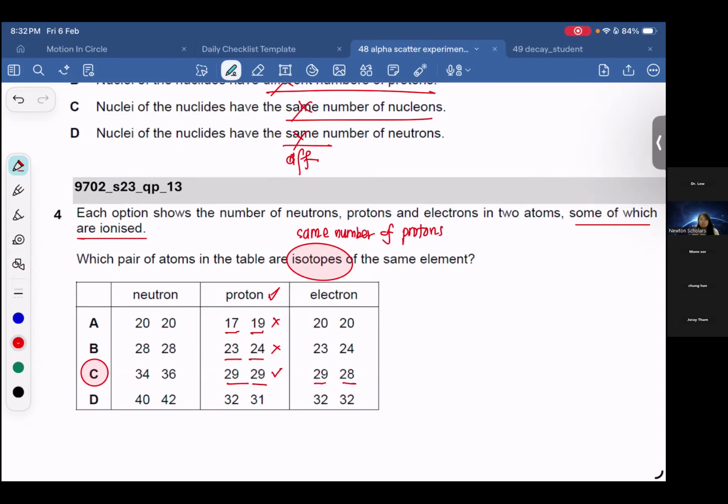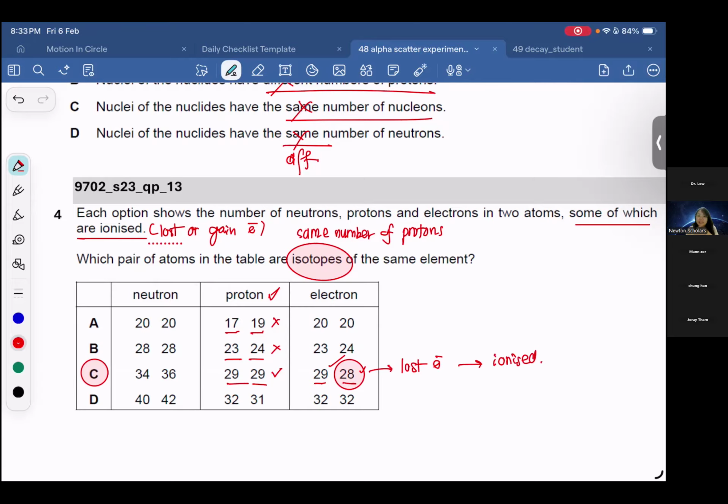So dear listener, in the atom, only electrons can be lost or gained. Protons will always be there because, as we just mentioned, they are held by a strong nuclear force, right? So if ionized, it means lose or gain electrons. So here they are different. No problem. This other atom lost electrons, so it became ionized. So C is correct.